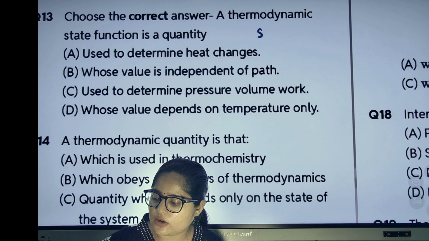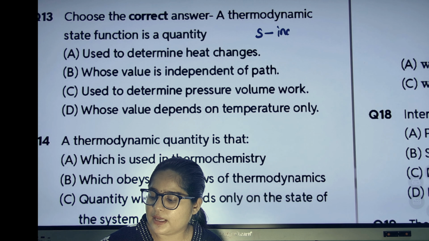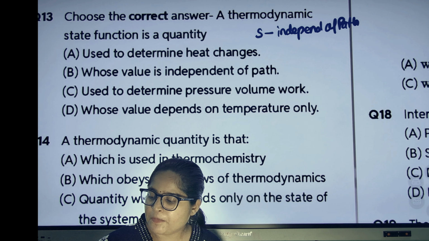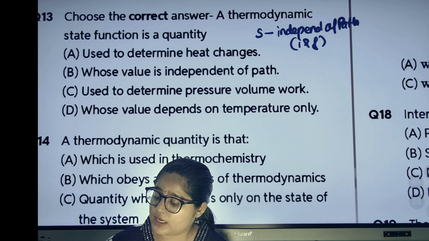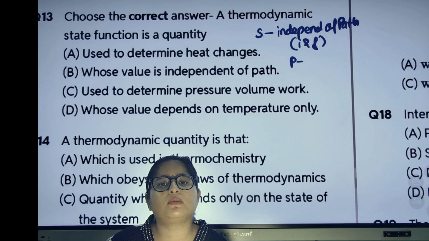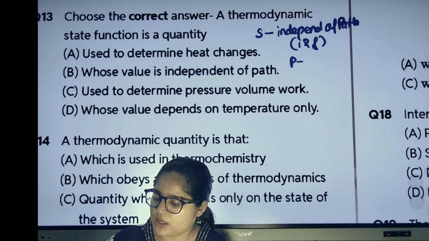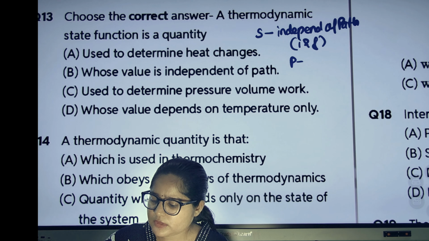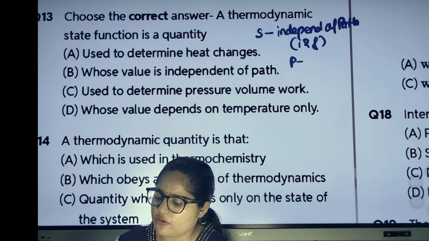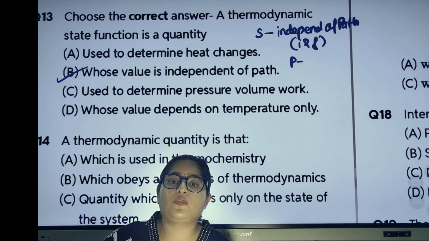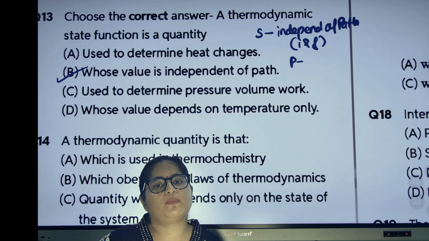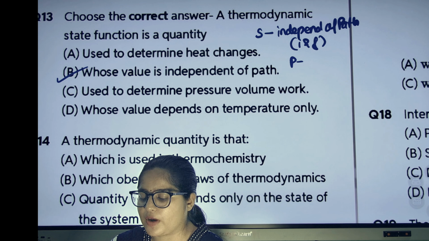Those who don't know, you write down: state function means independent of path. It depends only on initial and final position. But path function, from the name it is clear, it depends on the path. So option number 1, used to determine heat changes? No. Whose value is independent of path? Yes. So state function is something which is independent of path, and only depends on initial and final position.